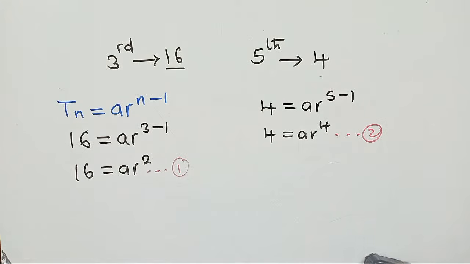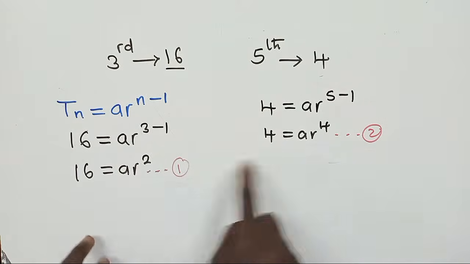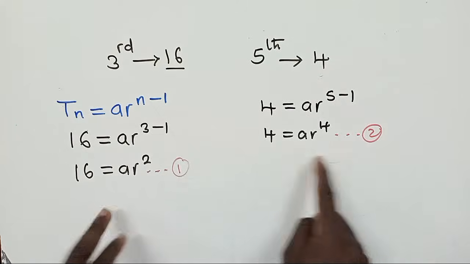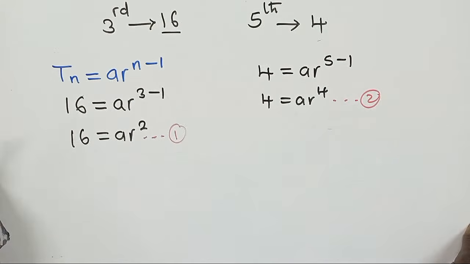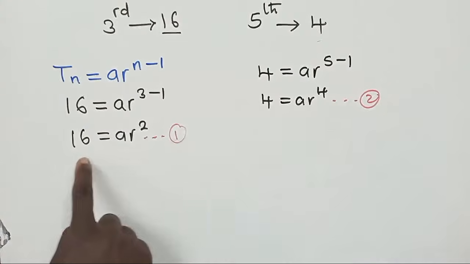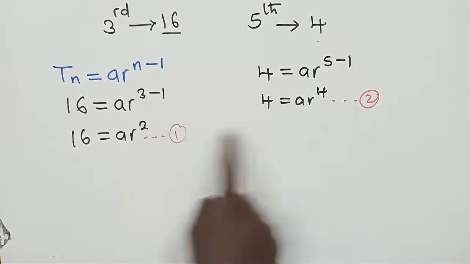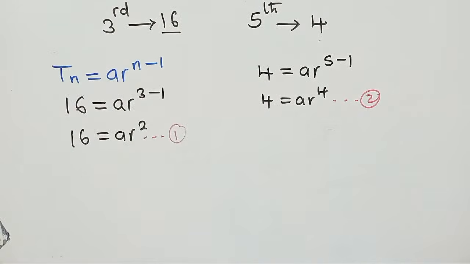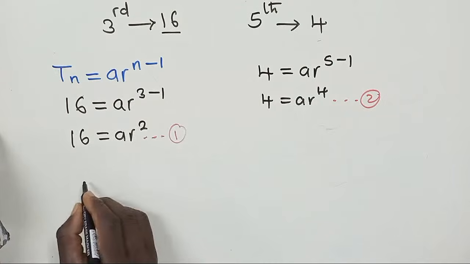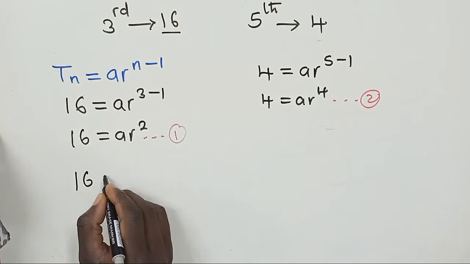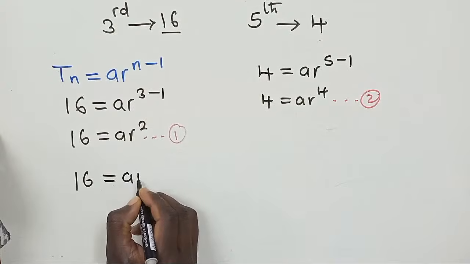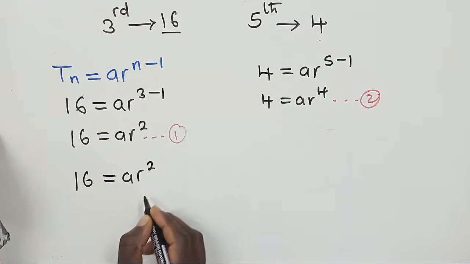So now, since we've got these two equations, we can solve them simultaneously. If you know how to solve simultaneous equations by substitution, that's the method that will work for you to answer this question. So now we'll get this equation. 16 is equal to A r power 2.